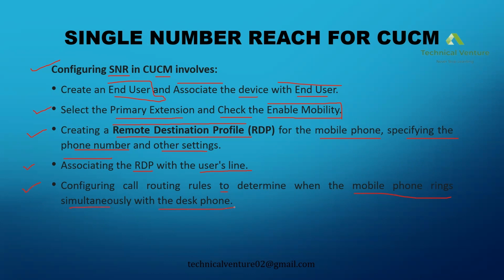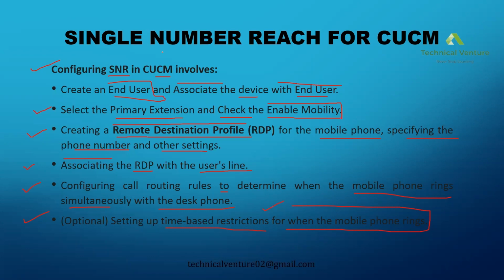There are so many settings, like let's say you wanted to ring your mobile phone after 1 second, 2 seconds, 4 seconds, or simultaneously. Then the last step, which is optional, is setting up time-based restrictions for when the mobile phone rings, right? If you want to do time-based restrictions, then you can do that as well. We also have that particular option, for when the mobile phone rings, right?